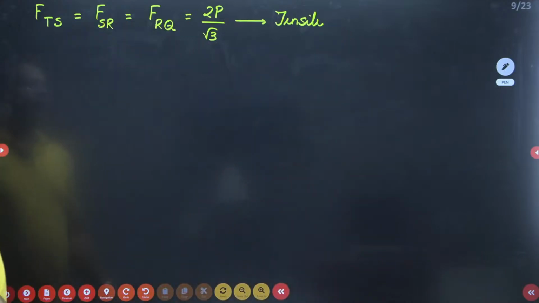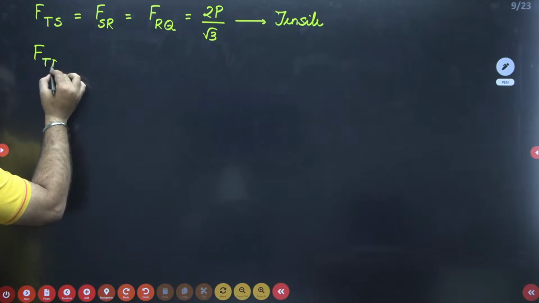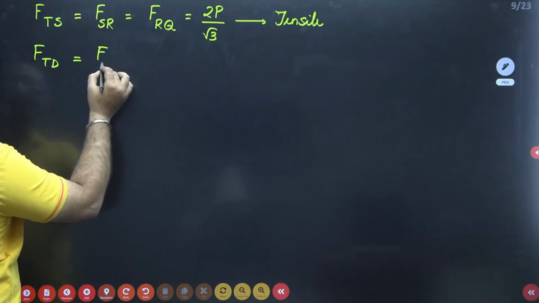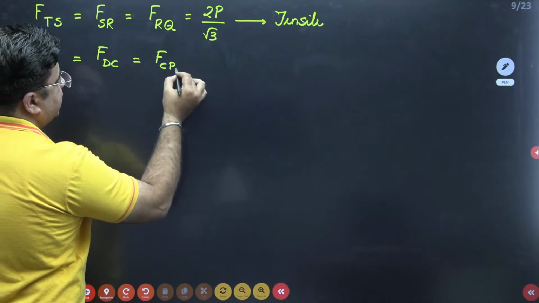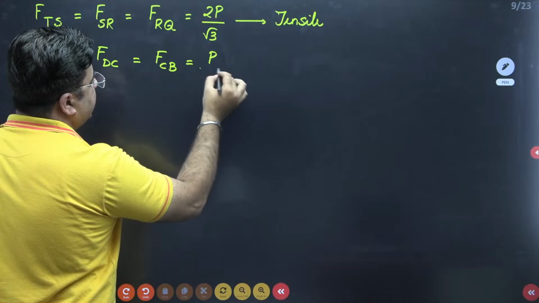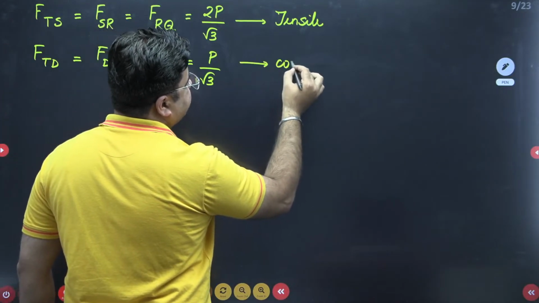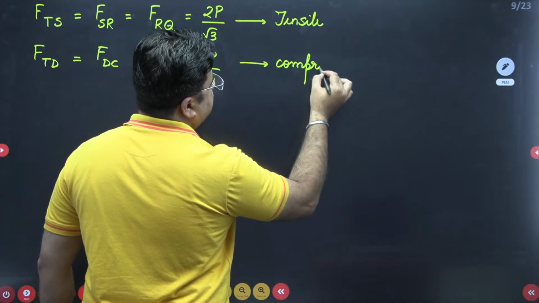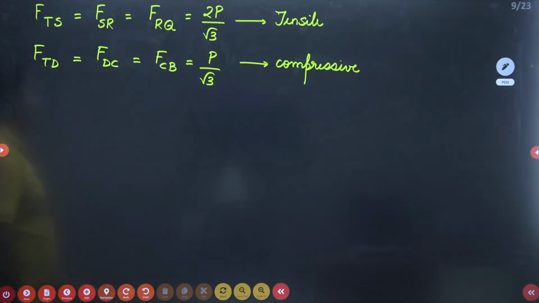Okay. Next, force in the member TD is equal to force in the member DC is equal to force in the member CB is equal to P by root 3, and all these forces are compressive in nature, right?